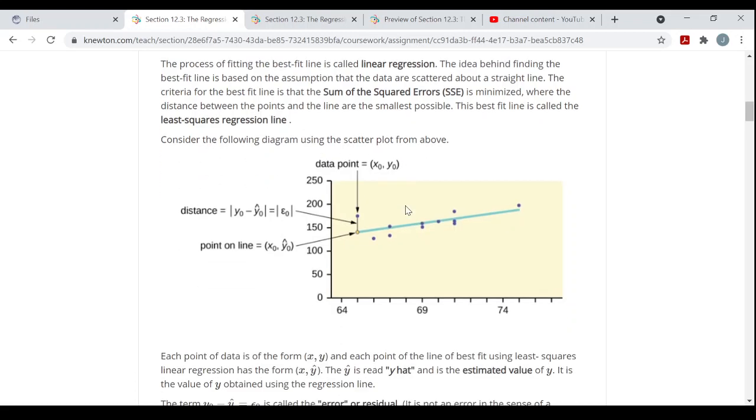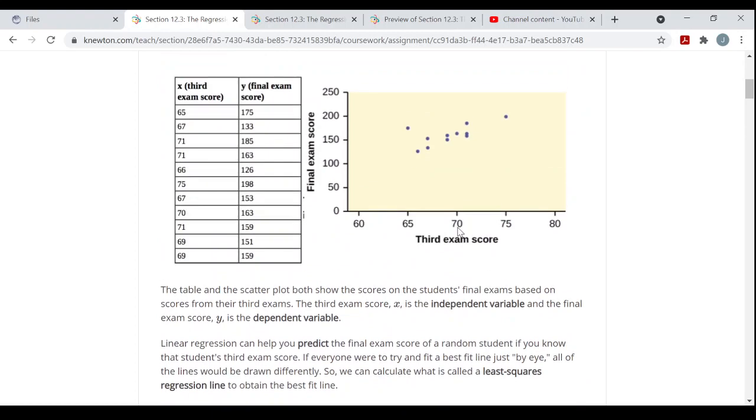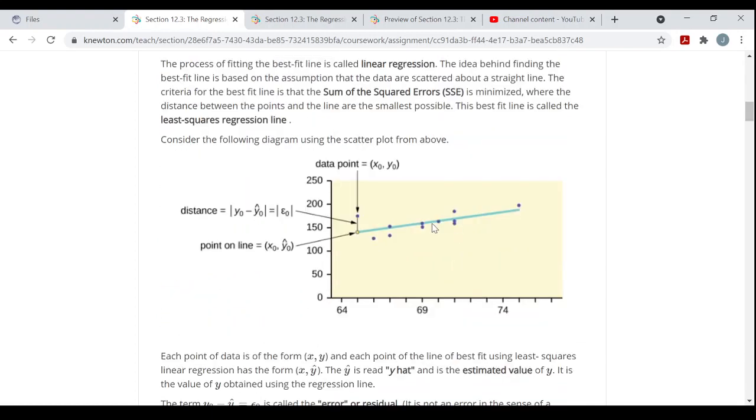So look at this diagram, right? Here's a bunch of data. This is the data from up here, I believe. And they say, hey, imagine there's a line running through them. That's the best one. And then what you do is you take every point which has a coordinate, say x0, y0. This is an actual point of data that they're pointing to here.